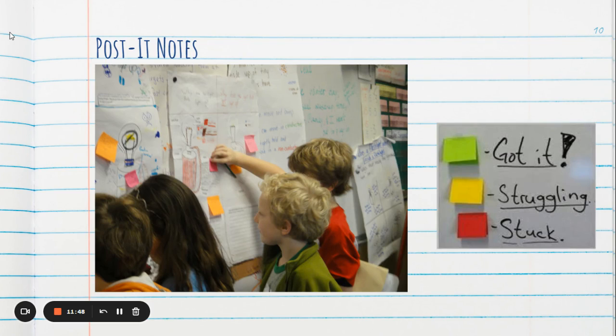Post-it notes are probably one of my favorite things to do, especially if we're doing group projects or posters. Here you can see a bunch of kids putting Post-it note feedback, which is the nice thing about feedback. If you are one of those teachers that loves cooperative learning, if you model feedback appropriately with students one-on-one, the students will pick up on it and they'll start taking ownership and giving each other feedback using the methods that you use.